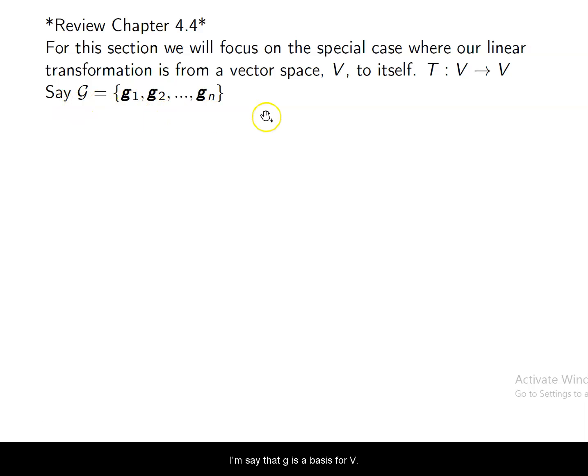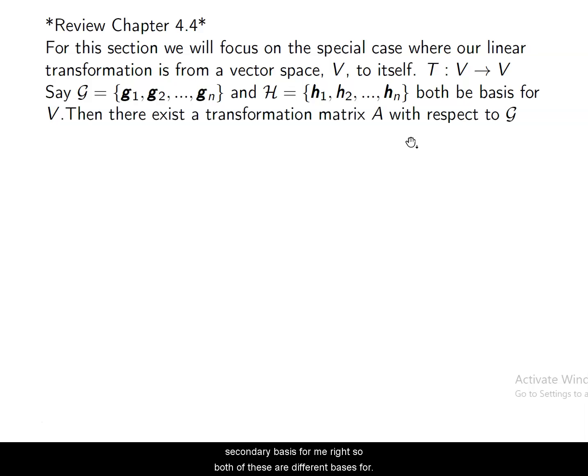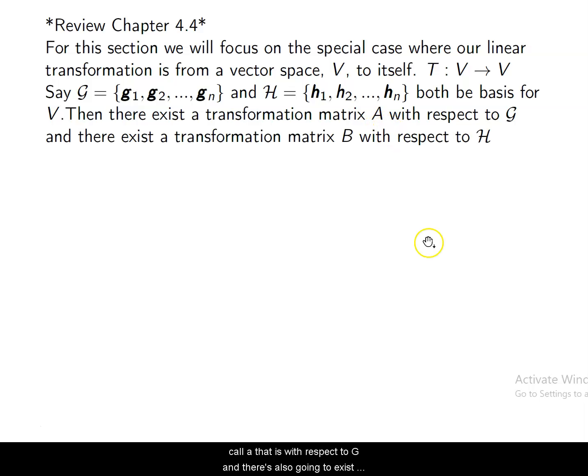Say that G is a basis for V. And then let's say that we have H, which is a secondary basis for V. So both of these are different bases for V. So there's going to exist a transformation matrix that we'll call A, with respect to G, and there's also going to exist a transformation matrix B with respect to the basis H. Again, A and B both are from V to V, right?